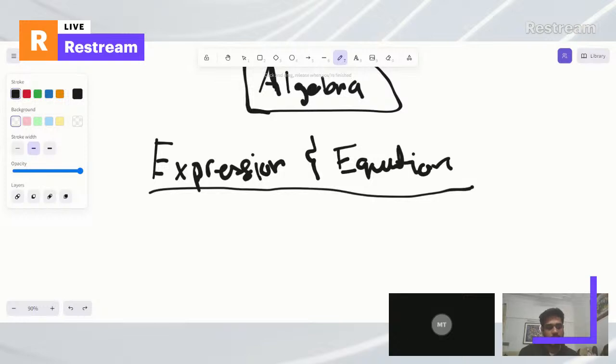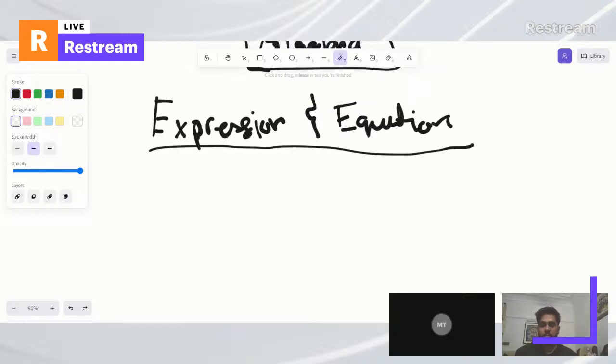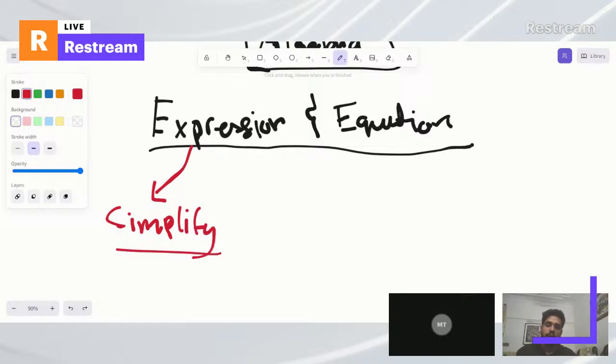Somebody answered that an equation has an equals sign. That's actually correct, right? With an expression, we can simplify it, but we cannot find an answer.